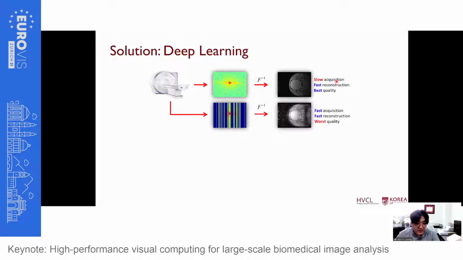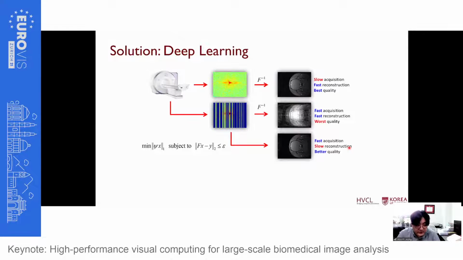So people thought, why don't we just take only a few samples and apply the inverse Fourier transform, which means acquisition time can be reduced because we only partially sampled the data. So the reconstruction can be fast as well. However, the quality is not really good because we have some missing information. So definitely we have some noise and some artifacts here. So there exists another research direction, which is so-called compressed sensing.